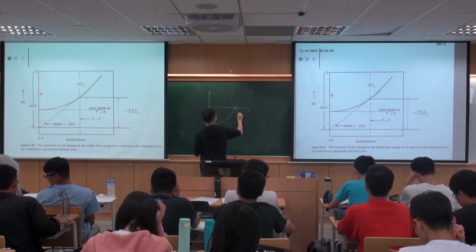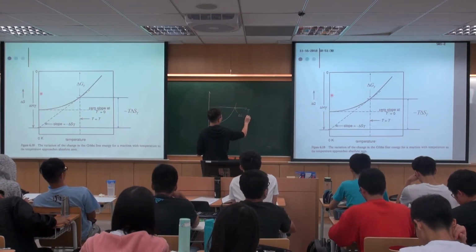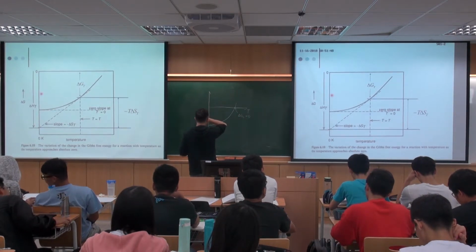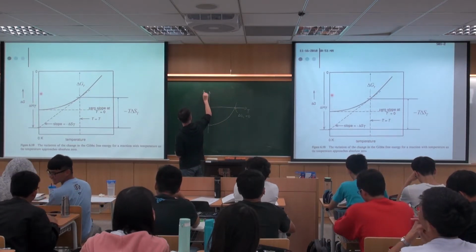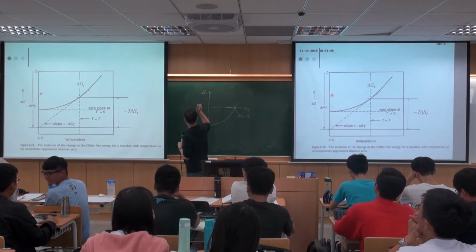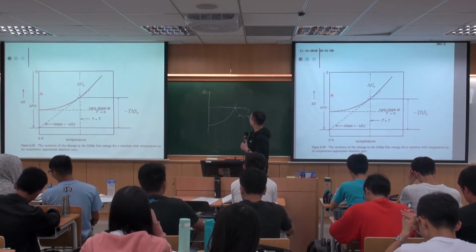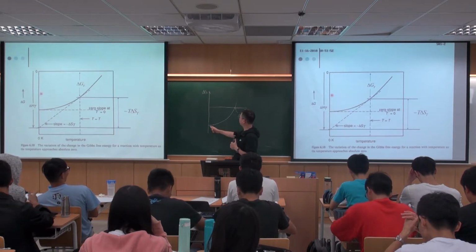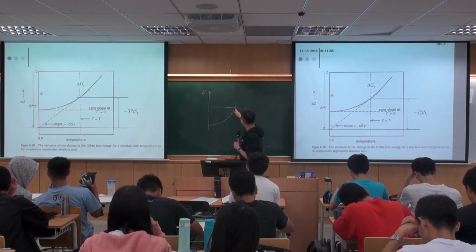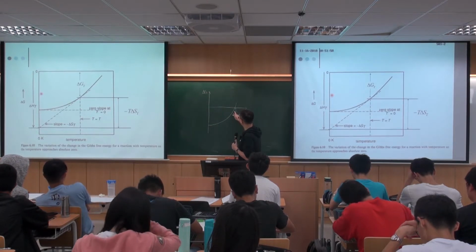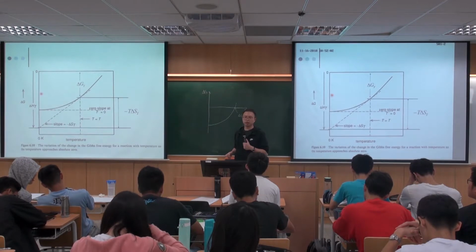So here, at this point, delta G at this temperature is 0. So this value is delta G, the difference in terms of Gibbs free energy. And if we cool down to 0 temperature, by experiments they found that the slope of this delta G as a function of the temperature is gradually approaching 0.